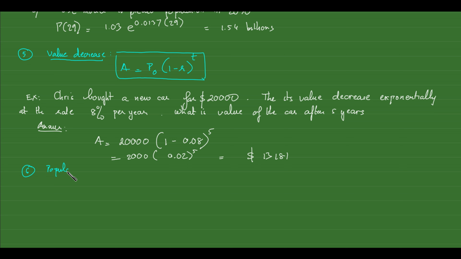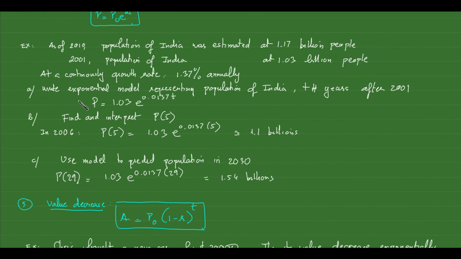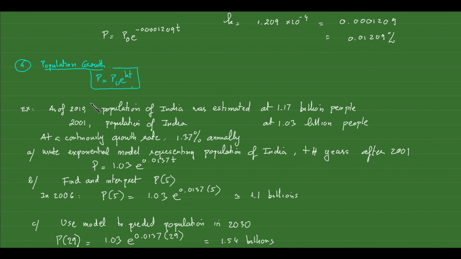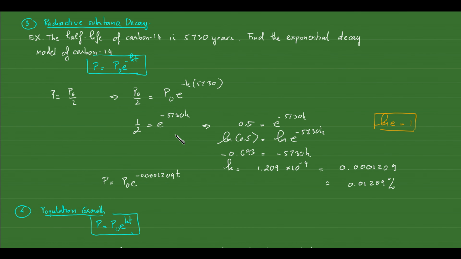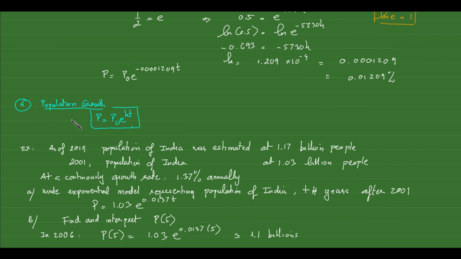Population. Okay, this is also population growth. I think I'm going to put over here continuous population growth. Because it is continuous, it's like the continuous compound interest, remember. Okay, so I'm going to add a little bit over here to change this a little bit.